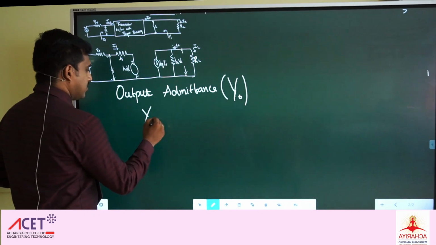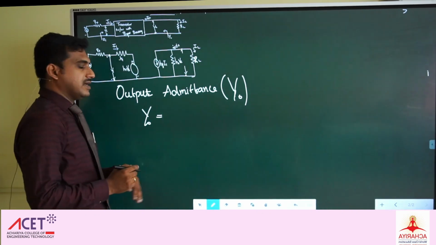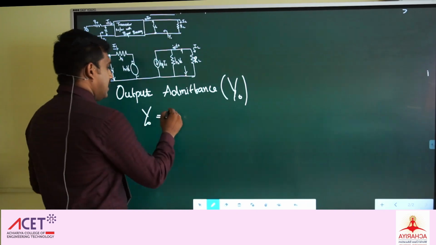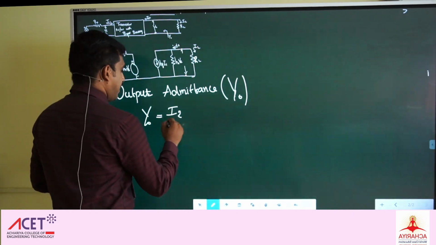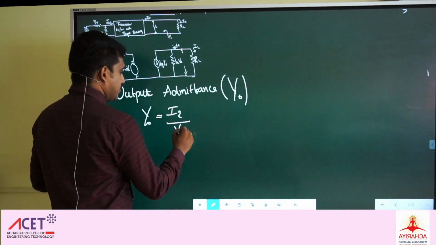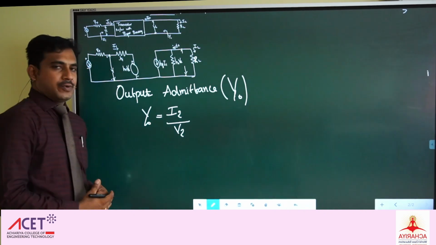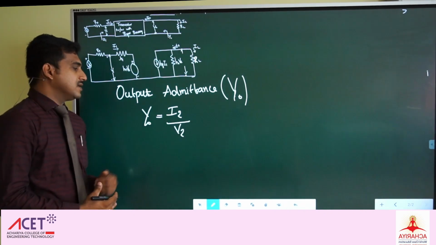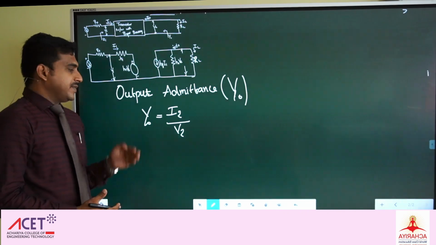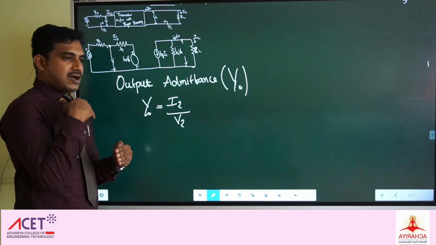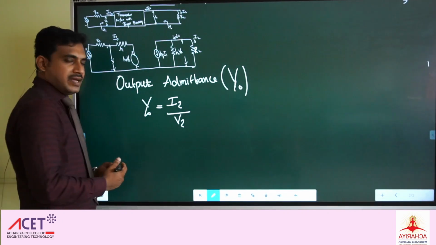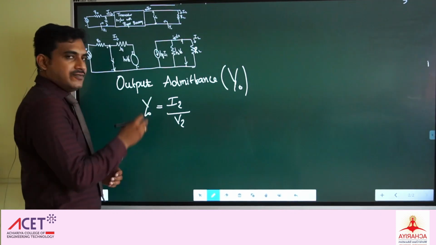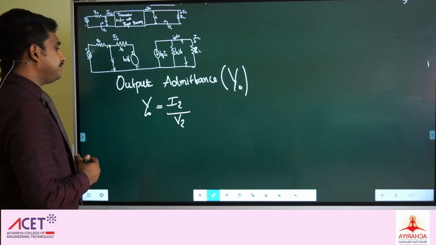Y naught is equal to, it is in output side, that's why we are considering I2 divided by V2, output current divided by output voltage. If it is an impedance, we can write V divided by I. Here it is admittance. Admittance means the opposite of impedance, I2 divided by V2. I2 is the output current, V2 is the output voltage.